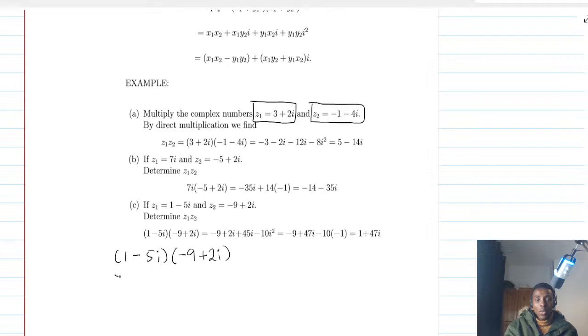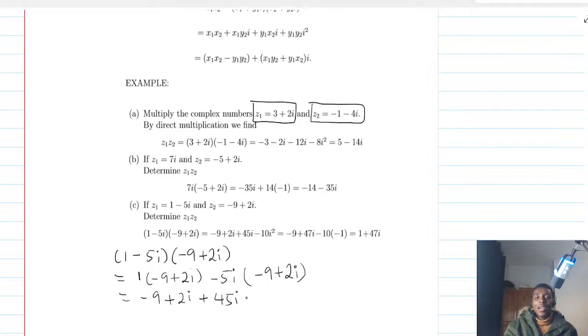So for this one, it's going to be what? 1 multiplied by minus 9 plus 2i. So that I have what? Minus 5i multiplying what? Minus 9 plus 2i. So minus 9 plus 2i, plus what? 5 9 45i, minus what? 5 2 10.